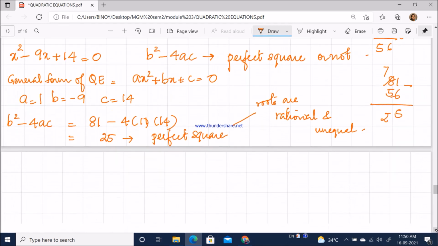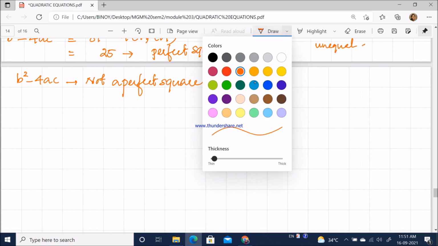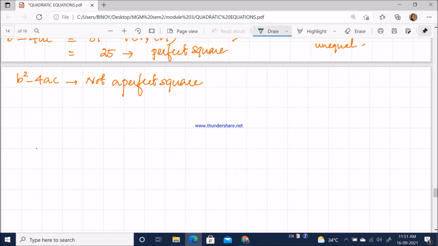Okay. Now let's consider another case where b square minus 4ac is not a perfect square. So consider an example: 2x square plus 3x minus 1 equals 0.